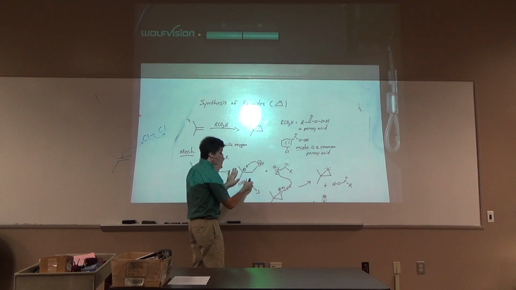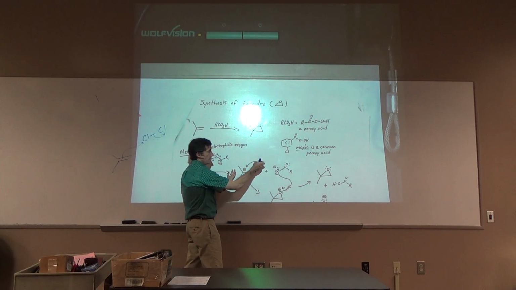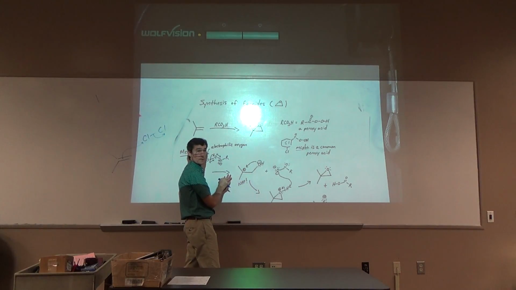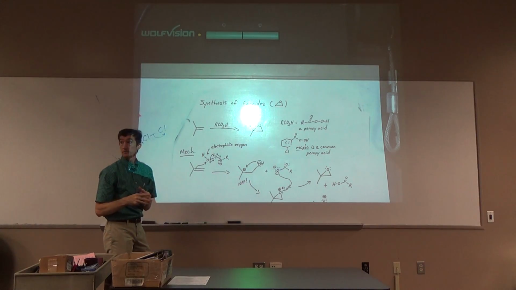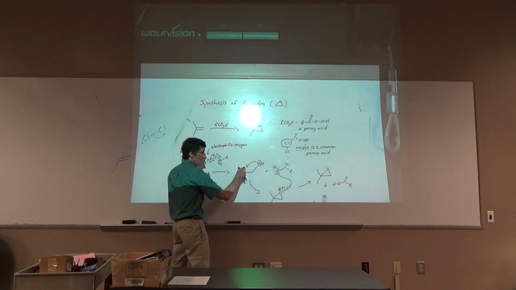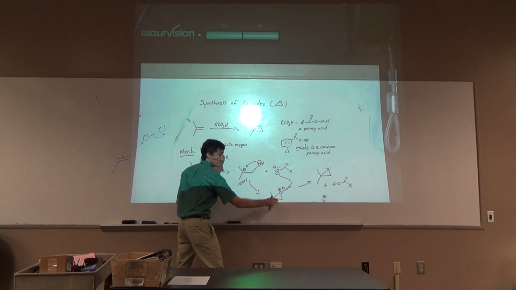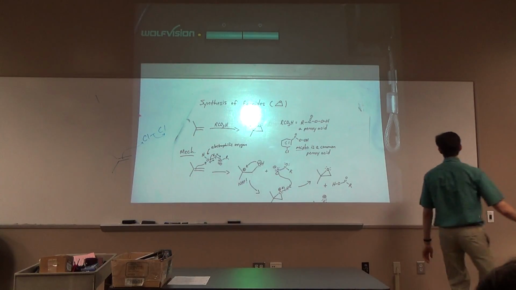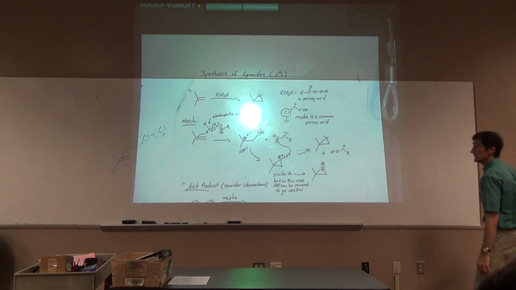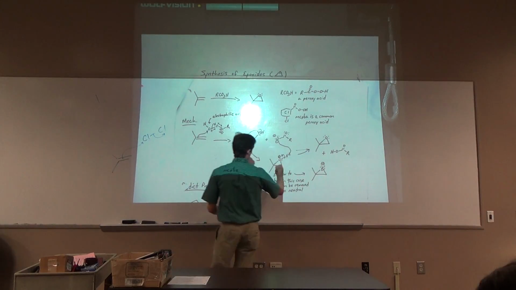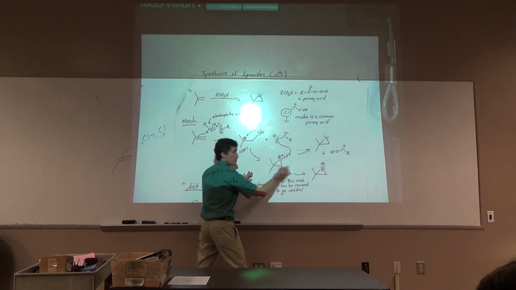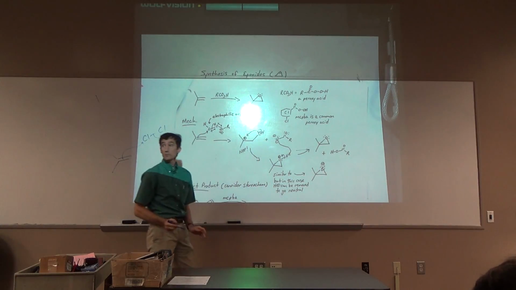Now, this new group has a lone pair. Because of that, it's going to immediately back bond, just like if it was a bromine. And when that back bonds, we get the three-membered ring, which is quite similar to a bromonium or chloronium.